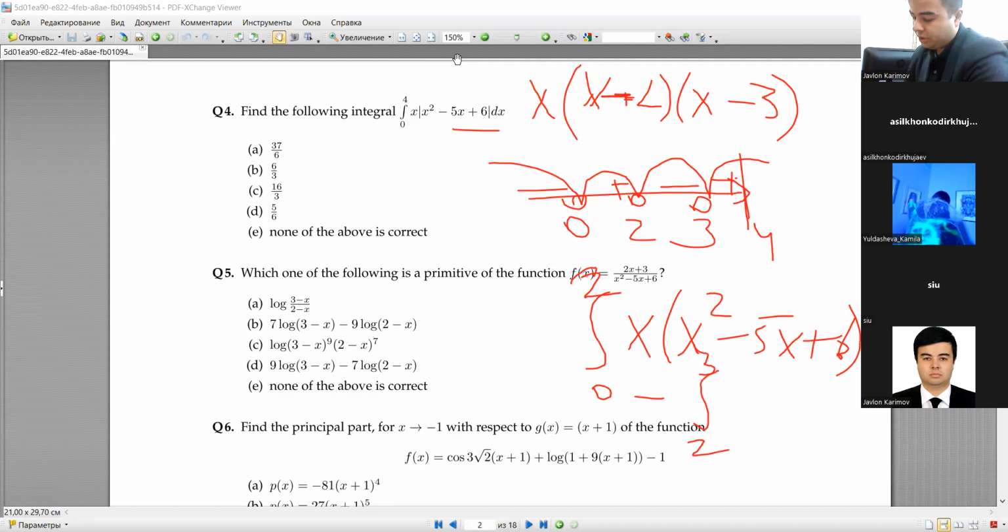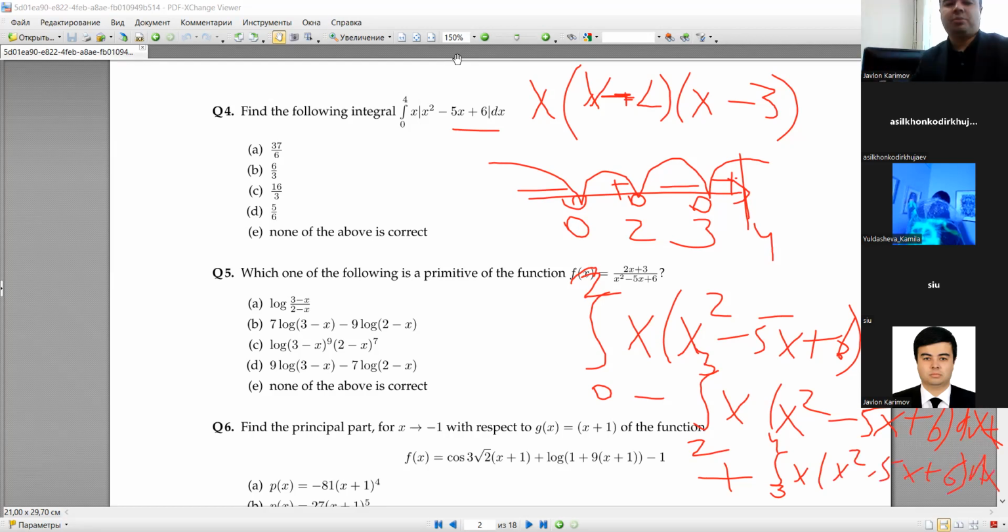Yeah, so this kind of integral now. x, again, I will put here plus, because I just put minus between two integrals. Minus 5x plus 6 dx. And then plus the last one from 3 till 4 and the same one. Okay, like this. And you can open these brackets and find your correct answer.